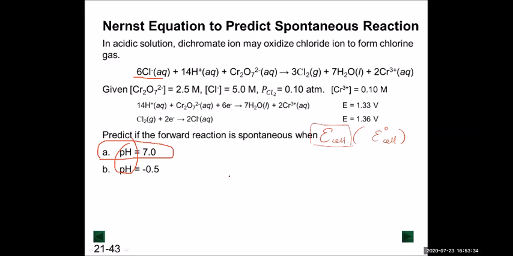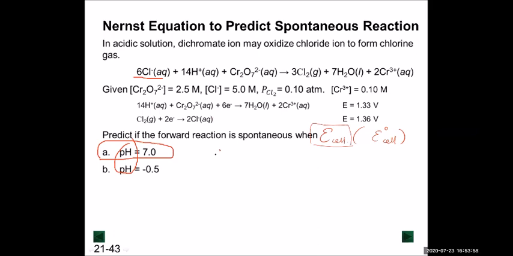So likewise, in this chapter, we can use the non-standard cell potential to predict. And so for this reaction, we have the 2 half reactions.